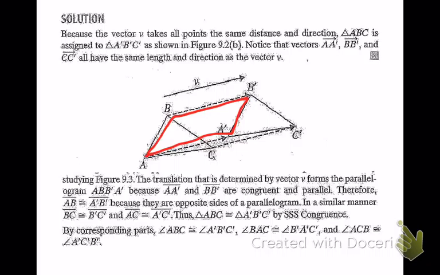So this is just a proof that the second figure is the same size and shape. In a similar manner, BC is congruent to B prime C prime, and AC is congruent to A prime C prime. Thus, triangle ABC is congruent to triangle A prime B prime C prime by side, side, side congruence. Then by CPCTC, all the angles are congruent. Any questions? All right.